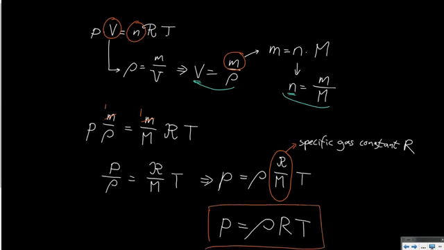And here the R, if you calculate what it actually is, the molar mass of air is 28.97, and then dividing the universal gas constant by this results in a specific gas constant for air of 287.00 joule per kilogram Kelvin.